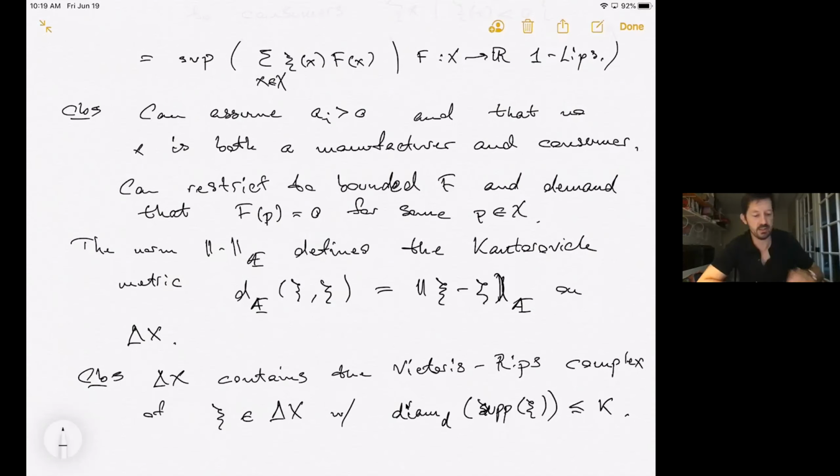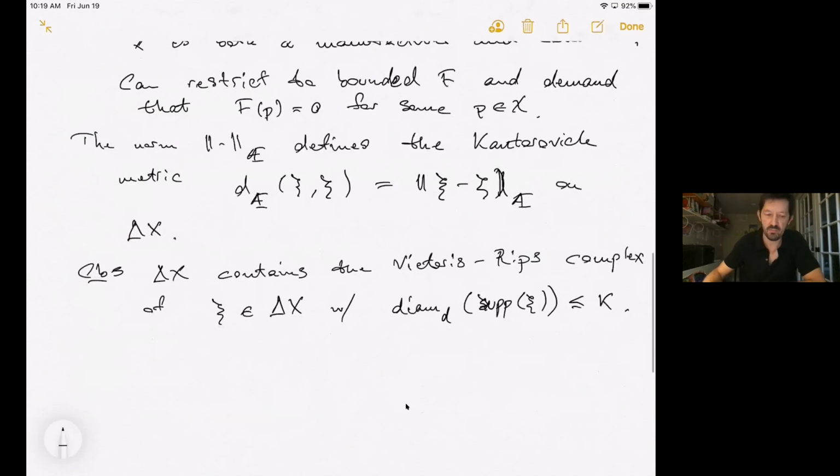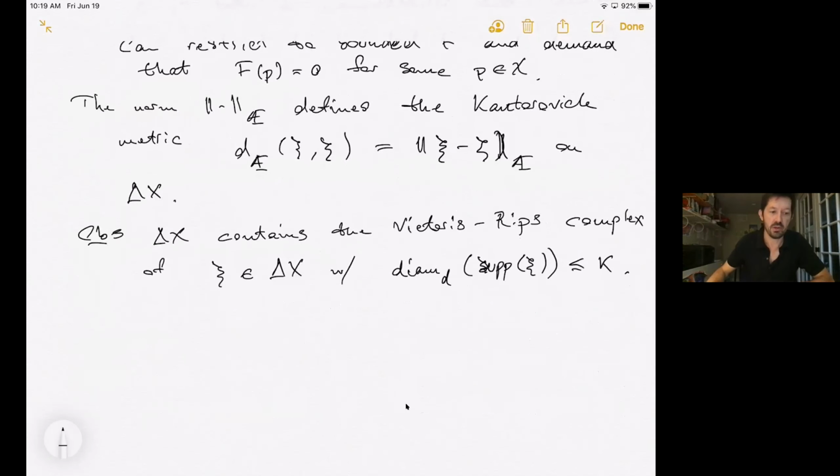Okay? So this is a space being used in geometric group theory, and this will then be a subcomplex of this simplex on X. Okay, so you can think of Delta of X as sort of being the free convex space that contains X.